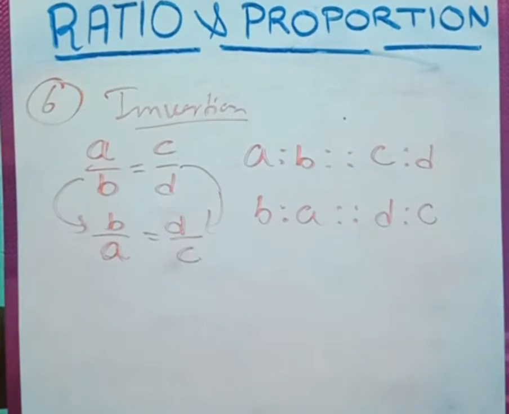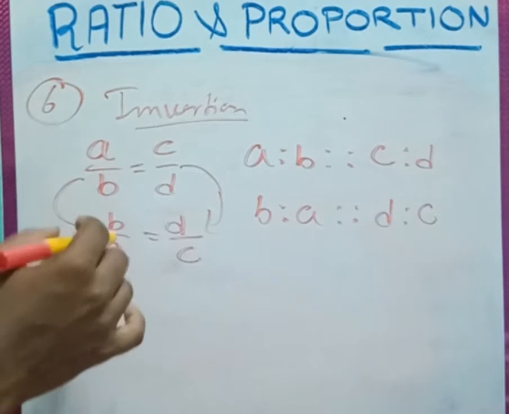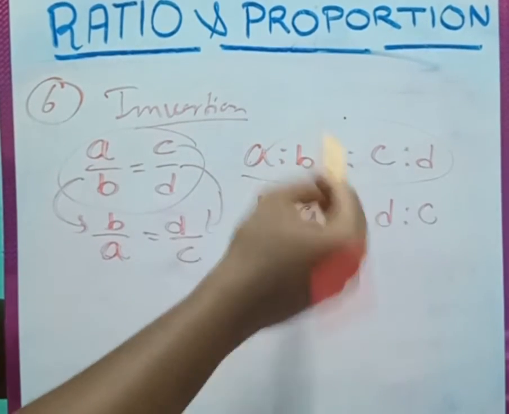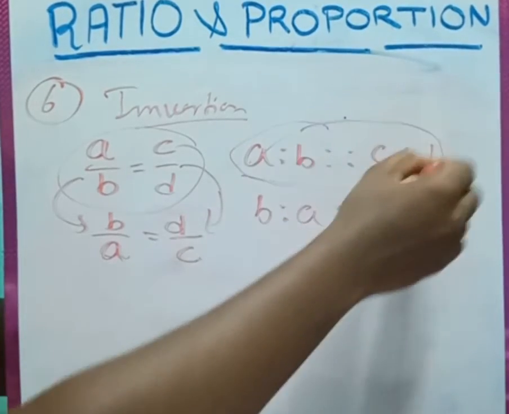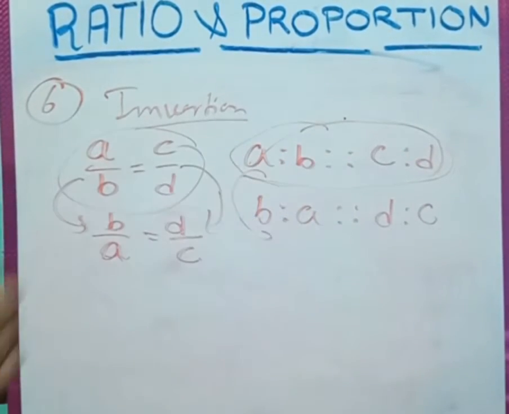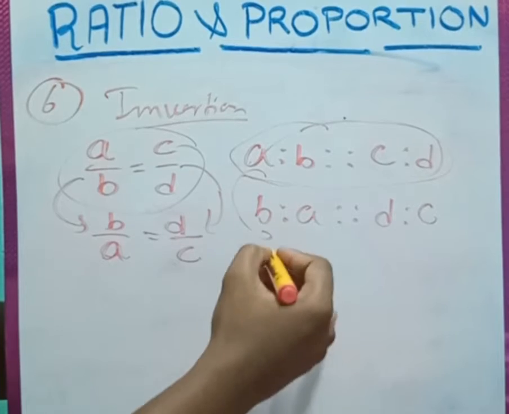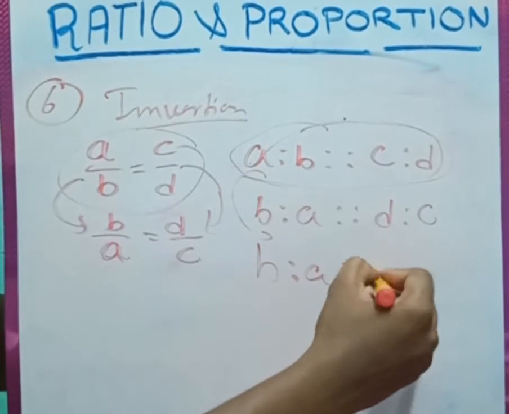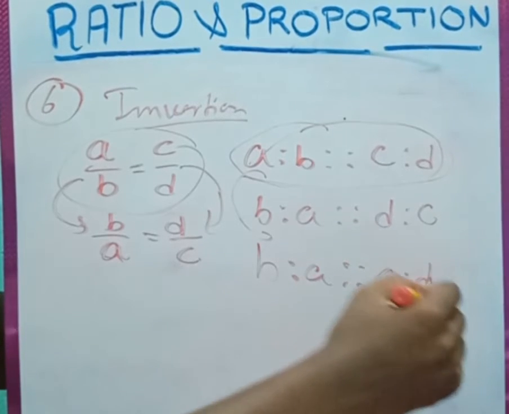Now you are getting my point, guys? So in the inversion rule it is very easy: the inverse of any fractional or proportional expression is also equal. But if I write b is to a is proportional to c is to d, that is a wrong thing, guys.